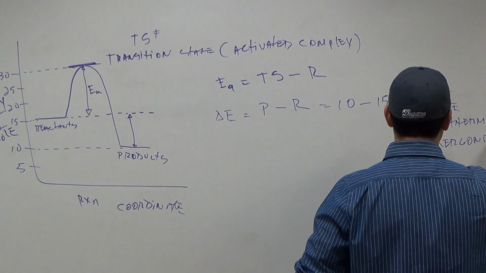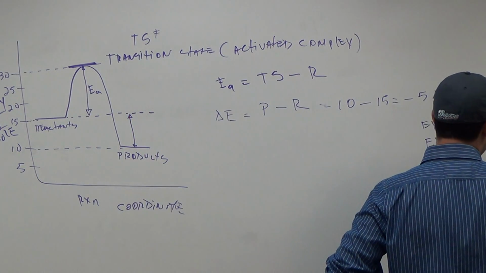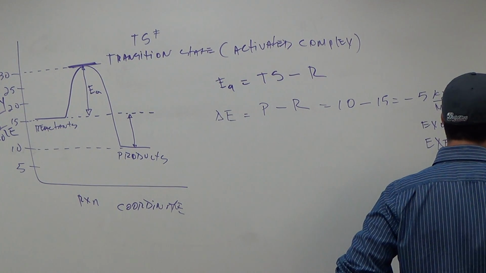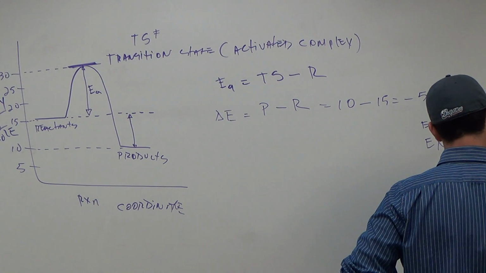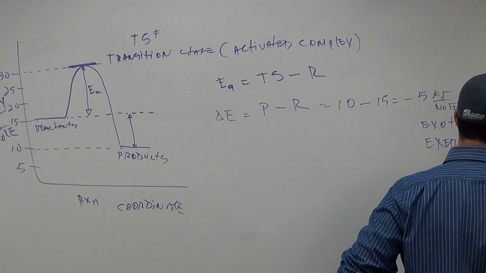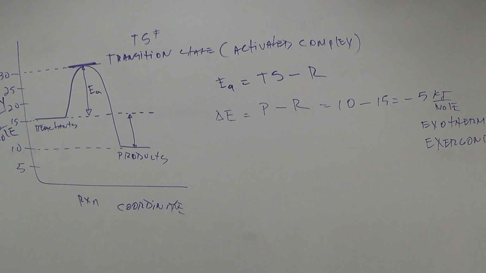There's another word, and the other word is exergonic, and exergonic is for delta G. And delta G is Gibbs free energy, which is total energy. Now it just happens that most of the energy coming from these things are related to heat, so a lot of times chemists will say this is exothermic or endothermic, but it's delta G. It's overall energy, okay?